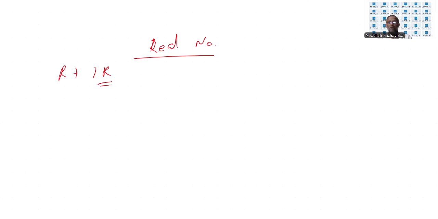A plus b all square is equal to a square plus 2ab plus b square. A minus b all square is equal to a square minus 2ab plus b square. Then a plus b all cube, a minus b all cube. Many identities we studied.